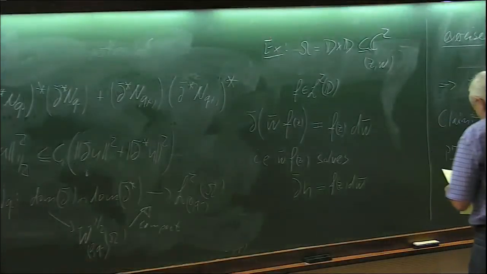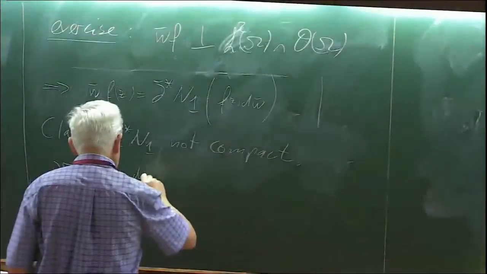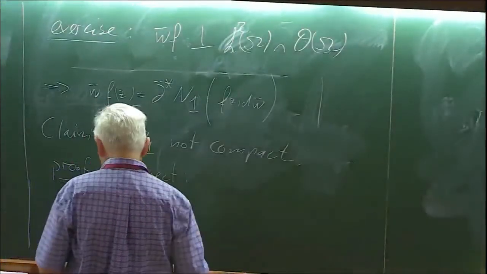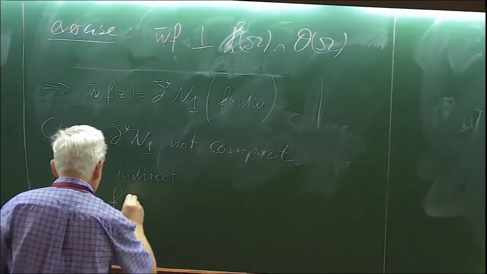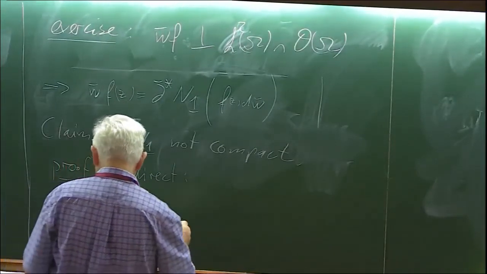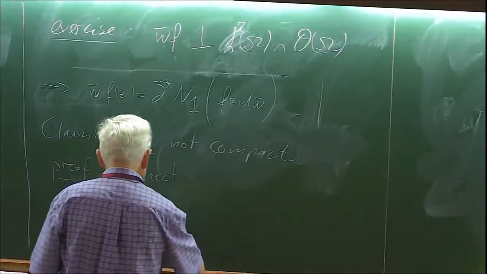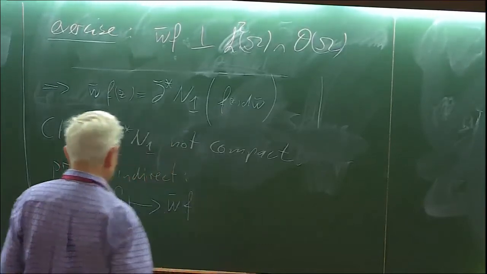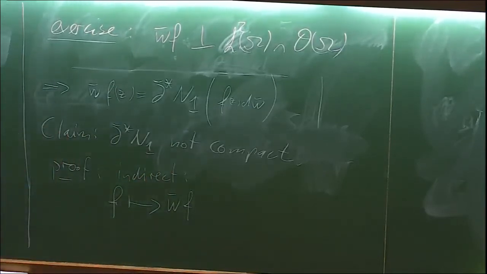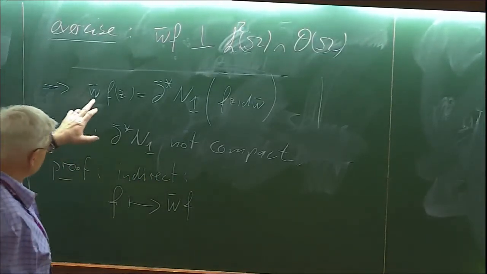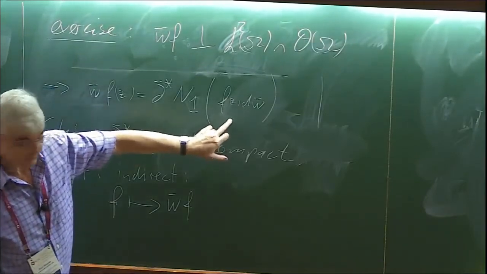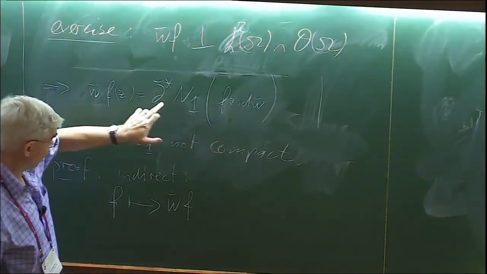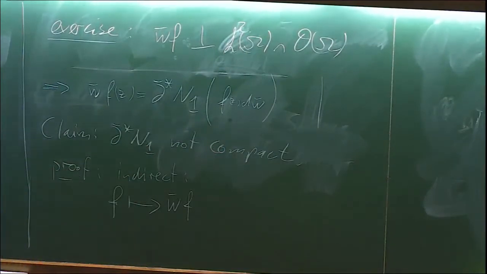Well, so sort of indirect. We have considered a map f goes to w bar f. Well, that's a composition. First f goes to this form. That's continuous in L2 of the disk. And if this were compact, this would be compact, right?